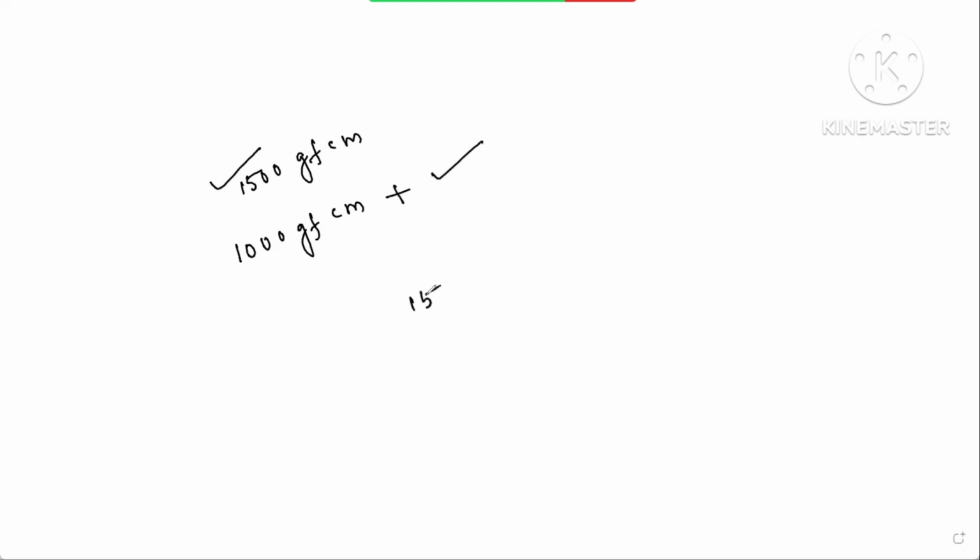So 1500 equals 1000 plus the extra weight given, 50 gram mass, 50 into x. So 500 equals 50x, or x equals 10.